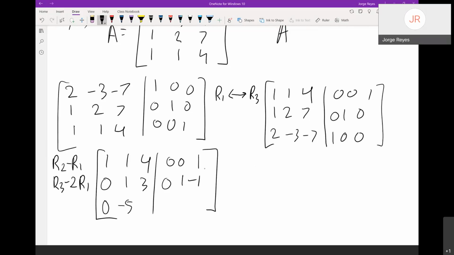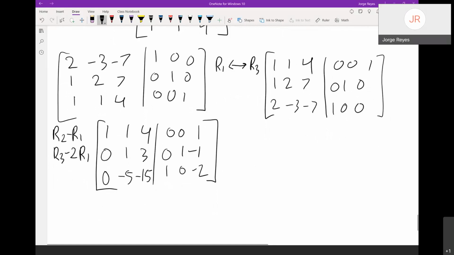Or is it -15? -7 minus 8 is definitely -15. I lost my mind. Excuse me. Yes. All right. -15. 1, 0, -2. Okay.